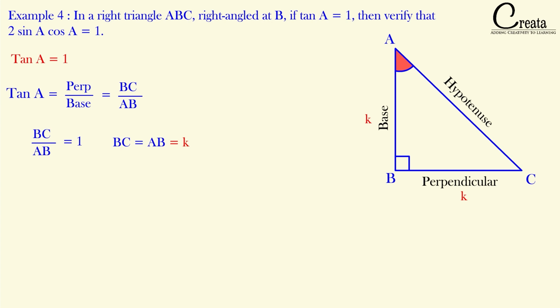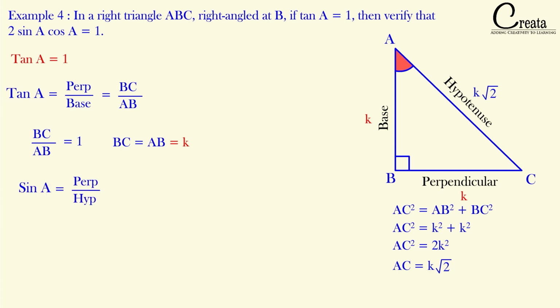We will use the Pythagoras theorem. That is, AC square is equal to AB square plus BC square. AB and BC are K. So let's solve it. We got AC as K root 2. That is, we got hypotenuse as K root 2. Now we got all the three trigonometric sides. Let's find sin A and cos A. Sin is perpendicular over hypotenuse.